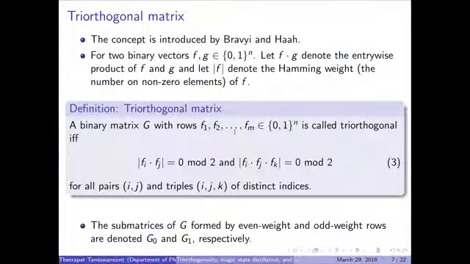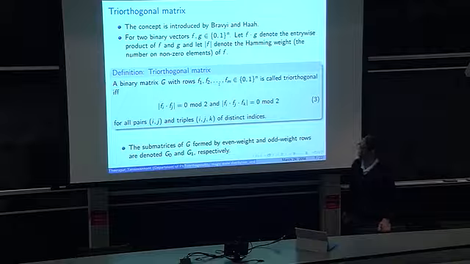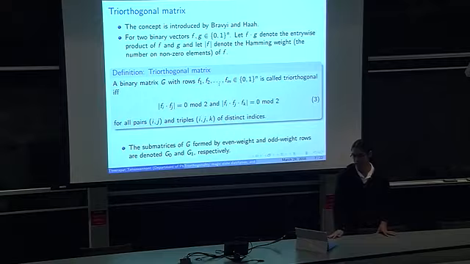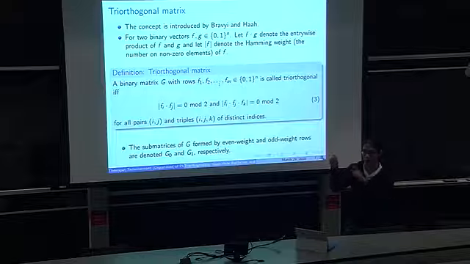Now, let's talk about the triorthogonal matrix, which is the main ingredient in this work. This concept was introduced by Bravyi and Haah. If we have two binary vectors f and g, we define f dot g to be the entry-wise product of f and g, and we denote the absolute value of f to be the Hamming weight.